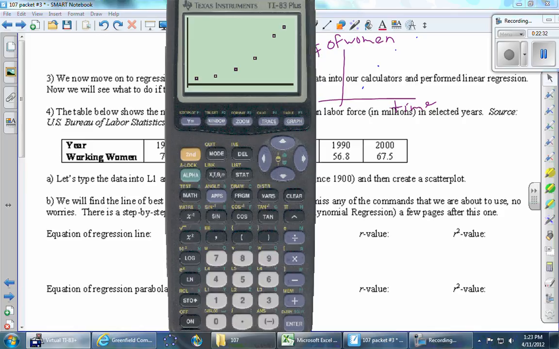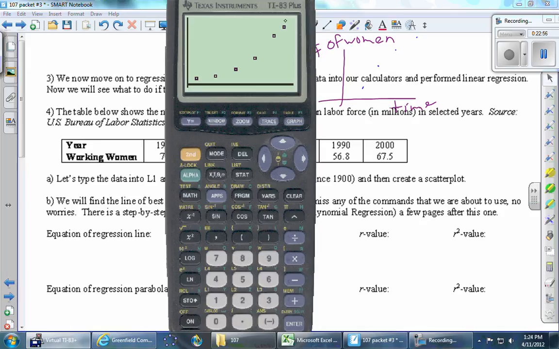Now we'll go Zoom 9. There they are. Yeah, so you have to go up here, hit the up arrow, and then hit enter. Now do ZoomStat, Zoom 9. There they are. Some of those look not quite right, but okay.